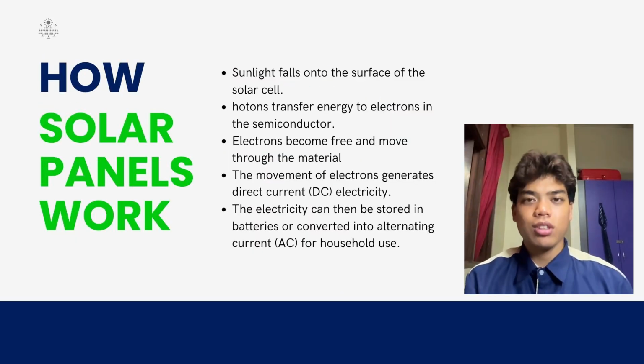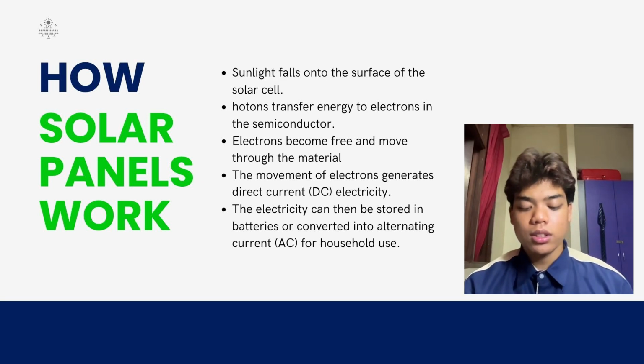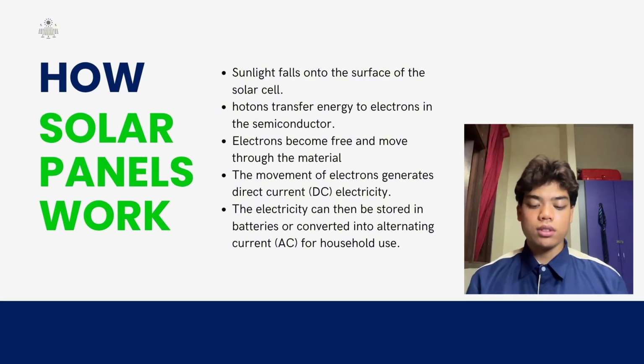So here's how solar panels work. First of all, sunlight falls onto the surface of the solar cell, or solar panel, and when that occurs, the photons, which are the light particles I mentioned before, transfer energy to electrons in the semiconductor, and the electrons then become free and move through the material.